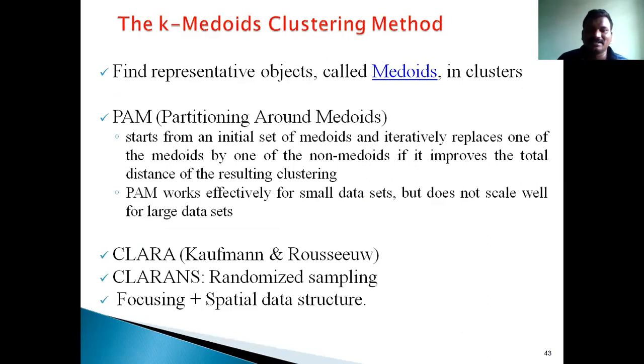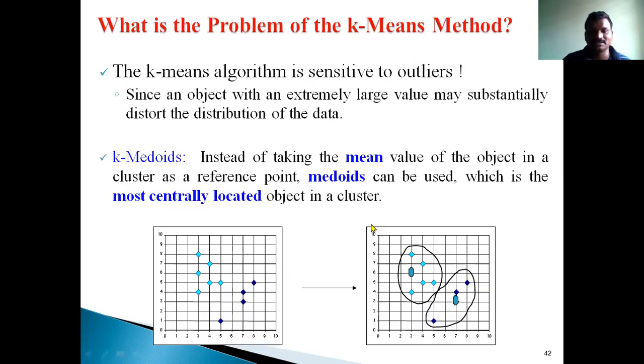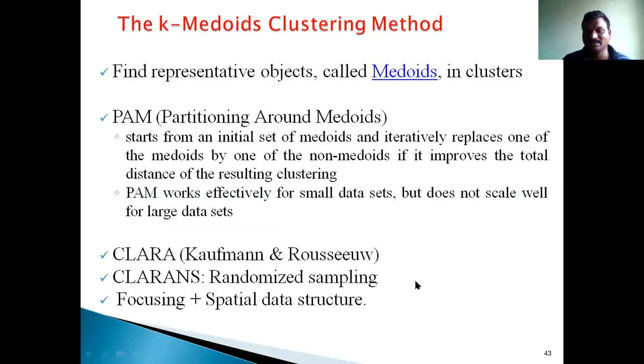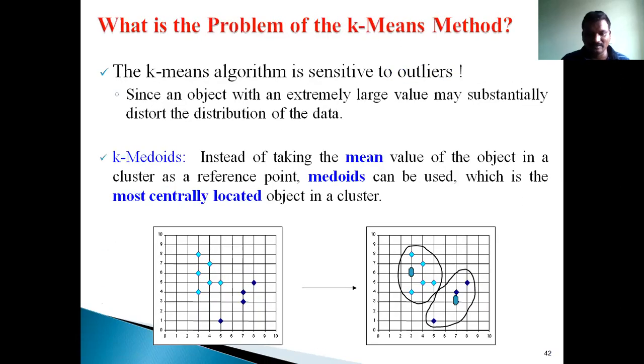Next is partitioning around medoids. How can you perform partitioning around the medoid? It starts from an initial set of medoids, here two medoids in this case, and iteratively replaces one medoid with a non-medoid.